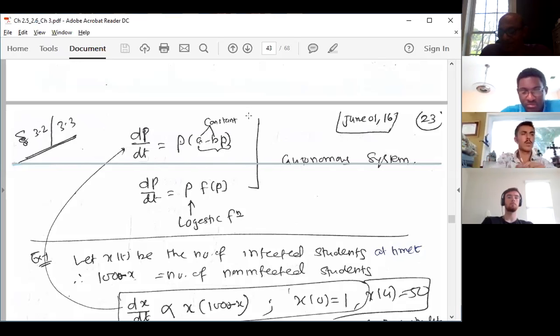Then suppose the virus spreads to the community, and in 4 days 50 guys are infected, right? So what will be the situation after 10 days?